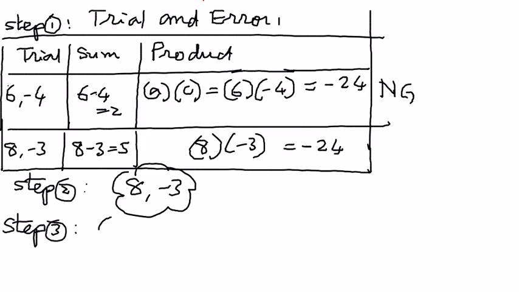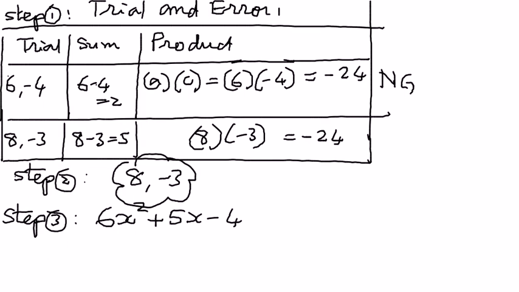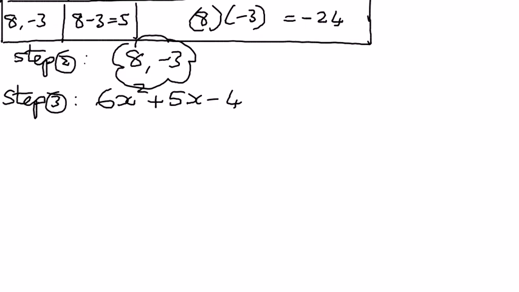So the given trinomial is 6x squared plus 5x minus 4, and we're going to expand this middle term using the two numbers which we have found. So 6x squared, I can write 5x as plus 8x minus 3x. 8x minus 3x is positive 5x, and then we have a negative 4.